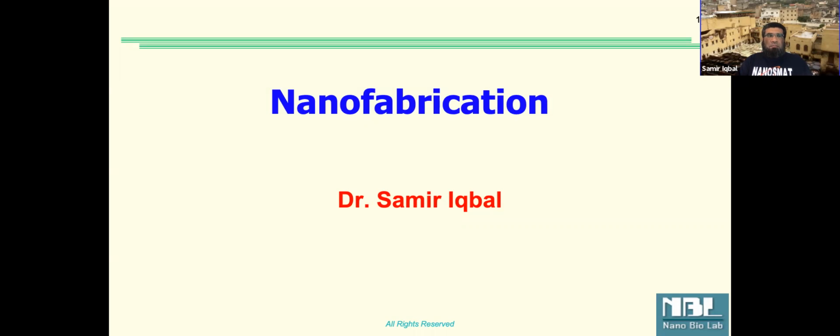Nanofabrication plays a major role in how we build things. There is a distinct difference between building things and synthesizing things. When we get into nanomaterials, we'll talk about the difference between nanofabrication and nanosynthesis.